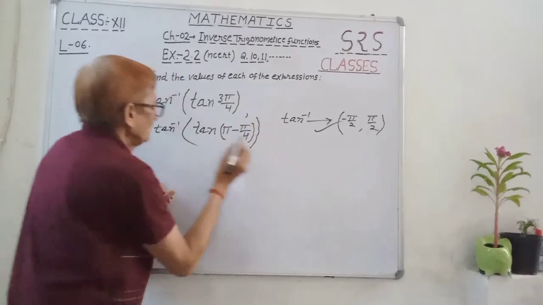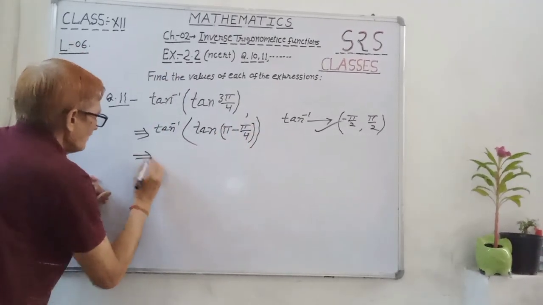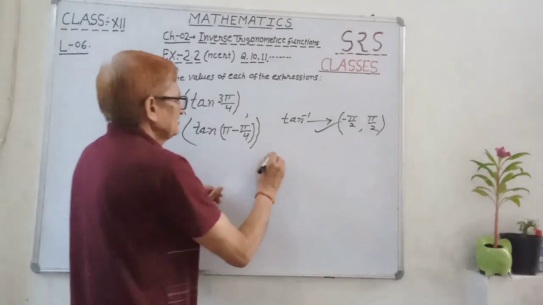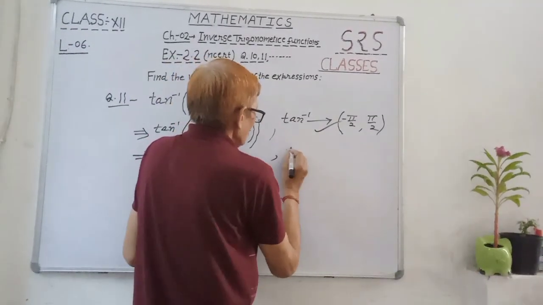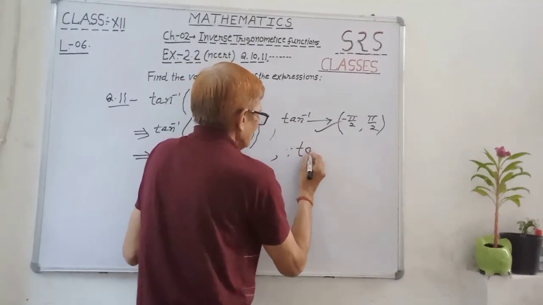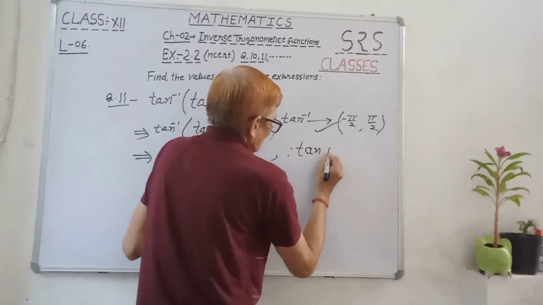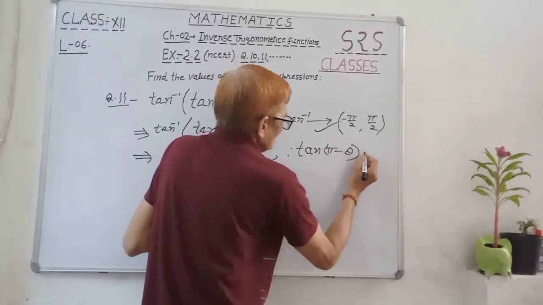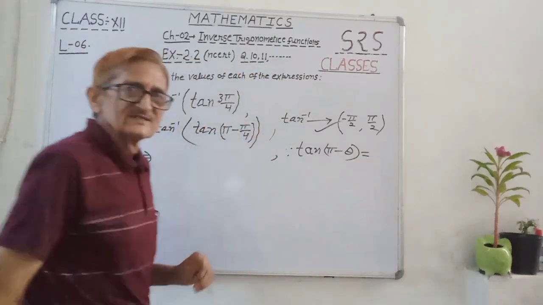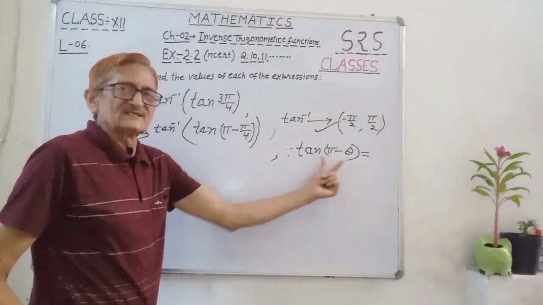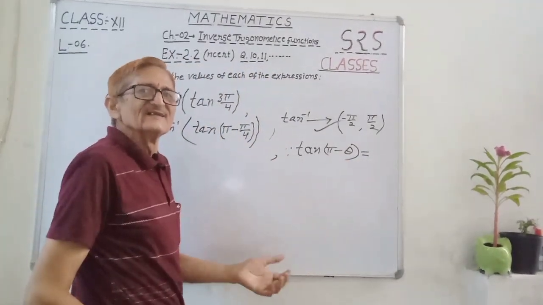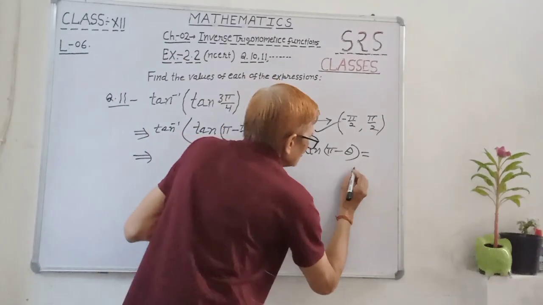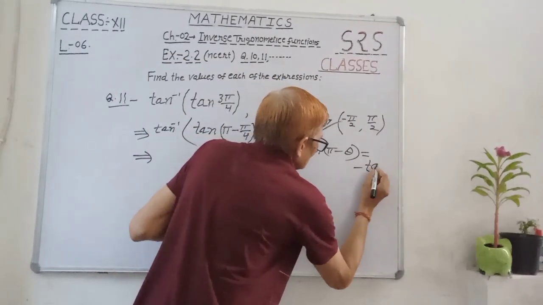Now tan of pi minus theta: in the second quadrant tan is negative, so it is minus tan theta.